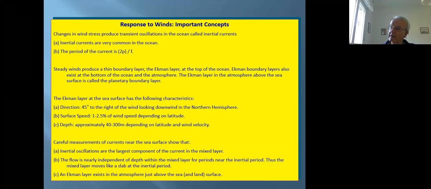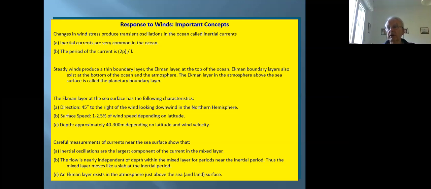The same thing as in the ocean applies with respect to the atmosphere. The atmosphere starts dragging the surface water with it, at the interface between the sea and the atmosphere.